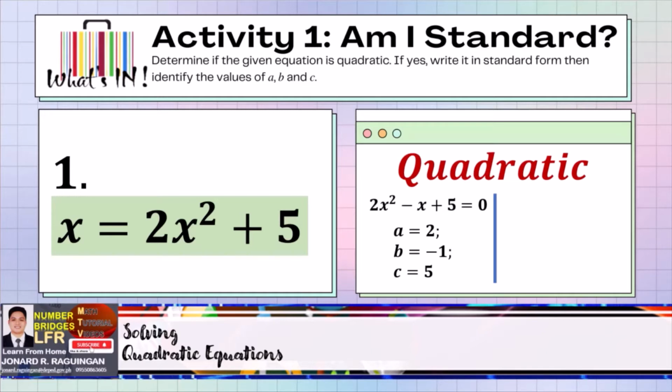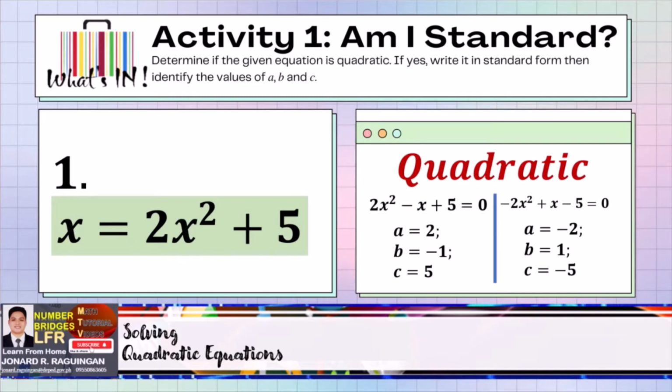The other way to write the given equation in standard form is negative 2x squared plus x minus 5 is equal to 0. Here, a is equal to negative 2, b is equal to 1, c is equal to negative 5.